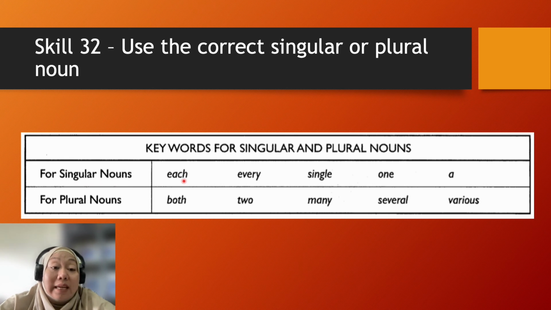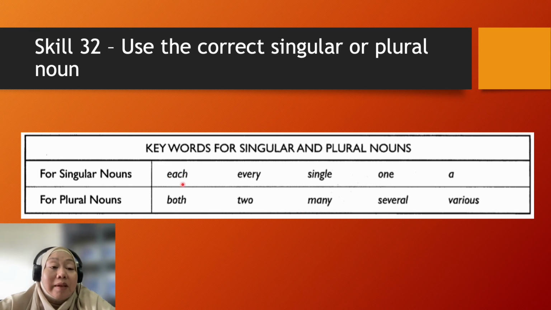If you read these keywords, each, every, single, one, it means that the noun following it in a noun phrase should be a singular noun, while for both, two, three, four, five, and so on, many, several, various, all of them indicate that the noun following it in a noun phrase should be plural nouns.